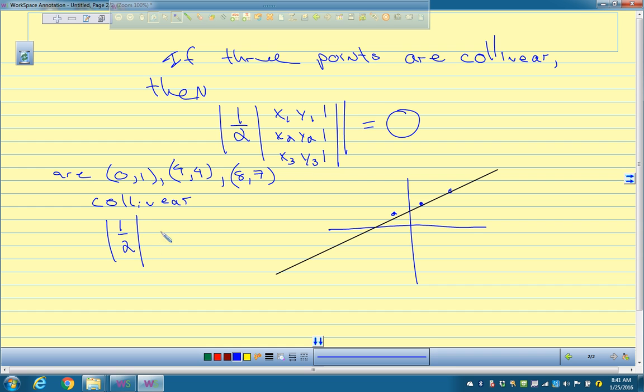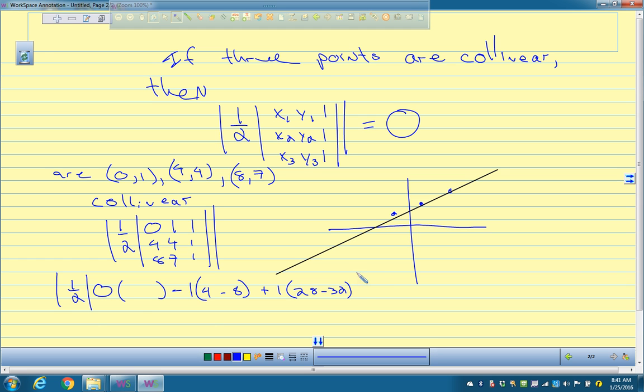1/2 times x1 is 0, y1 is 1, 4, 4, 8, 7, 1, 1, 1. So the determinant of this is going to be 0 times something, which doesn't matter, minus 1 times 4 minus 8, which is -4, so minus -4 makes plus 4, plus 1 times 28 minus 32, which is negative 4. So 4 minus 4 is 0, and 1/2 times the absolute value of 0 is 0. So yes, they're collinear.